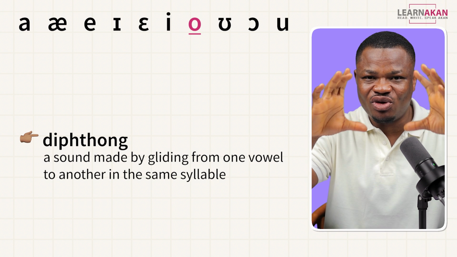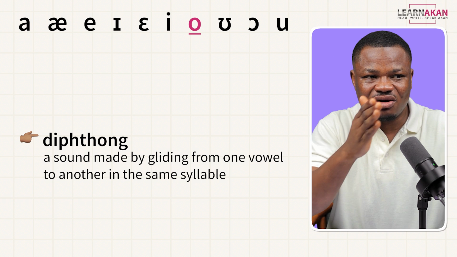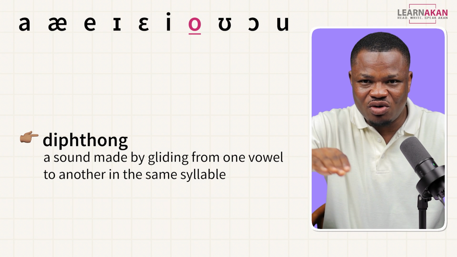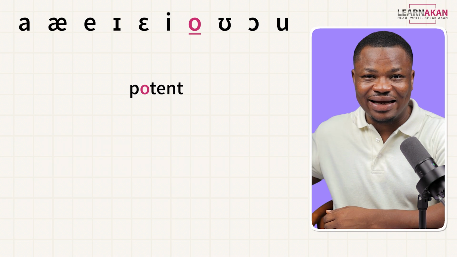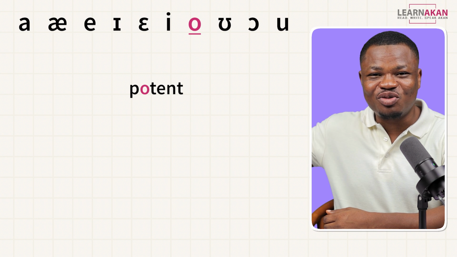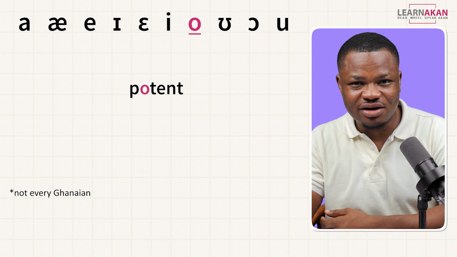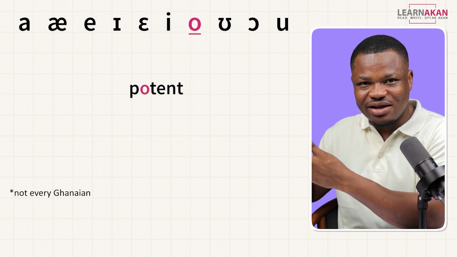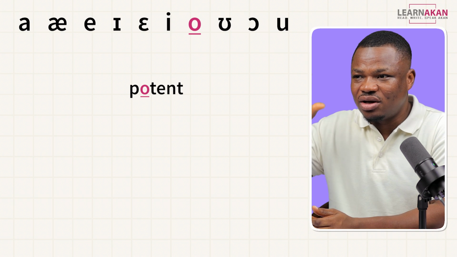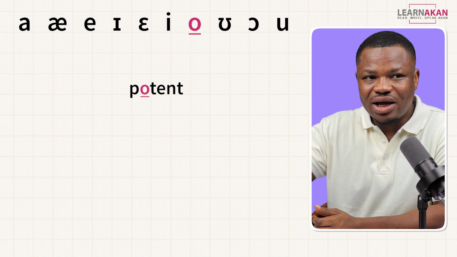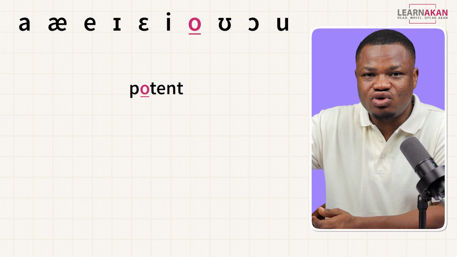So it's not a pure O sound, it moves from one sound to another. It's a diphthong. So for example, in a word like "potent", the average Ghanaian will pronounce this with a pure O sound, a mono sound. O, it doesn't move from one sound to another.